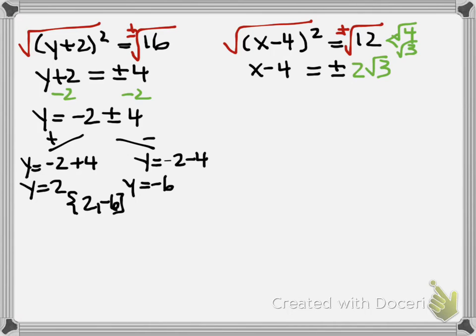So then I'm still not done. I need to add 4 to both sides to get the variable alone. And we get x equals 4 plus or minus 2 radical 3.